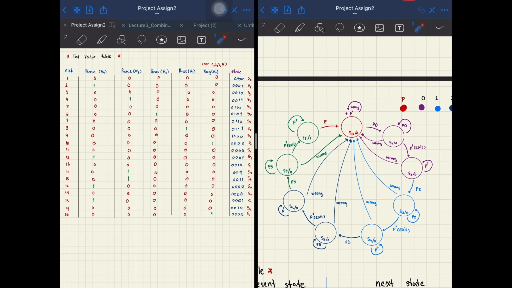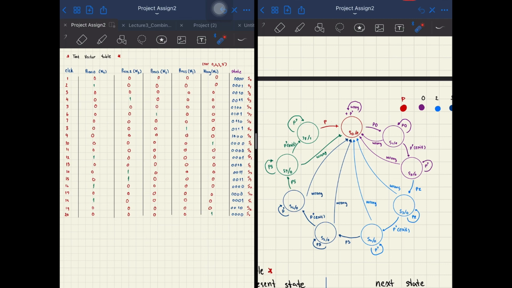I press any button. So I try to press the wrong case too. Wrong case means it's not 0 2 3 5. So it's like any button like 1 4 7, maybe 8 9.